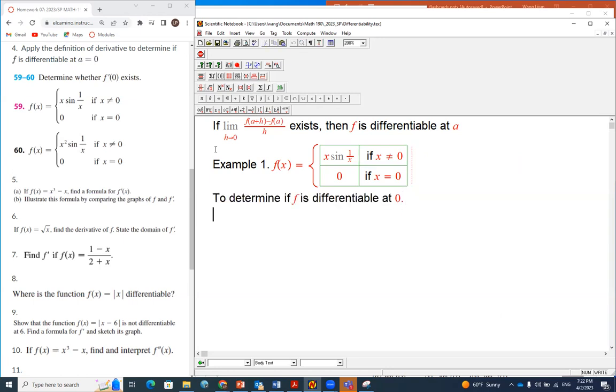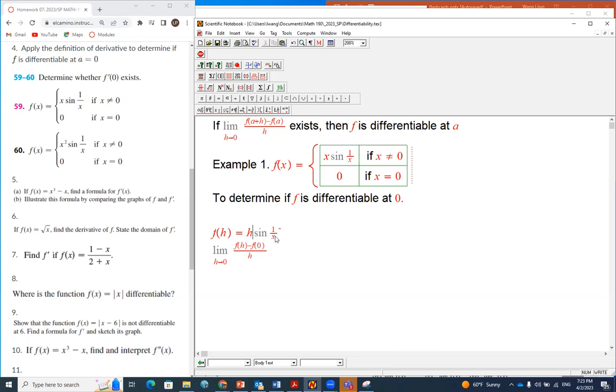We said that checking the limit is the ultimate tool, so we're going to start with the limit checking. Since h is approaching 0, h is not 0. So when we do f of a plus h, in our case a is 0, so 0 plus h is h. So f of h, when h is not 0, we substitute x by h.